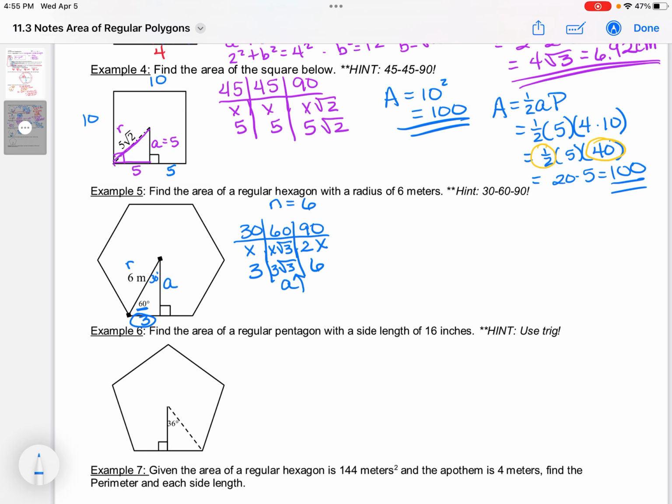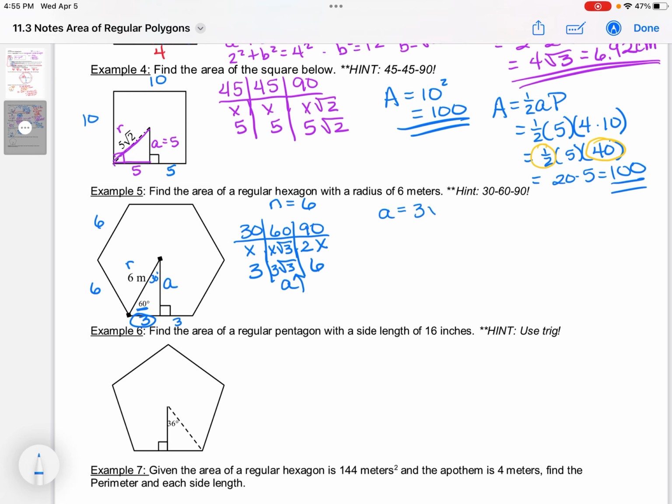And the apothem is going to be, so that's the little a. 3 is half of our side. So it happens that if these two are 3, the sides of my hexagon are 6. So the radius happens to be the same as my sides. Doesn't always happen that way.